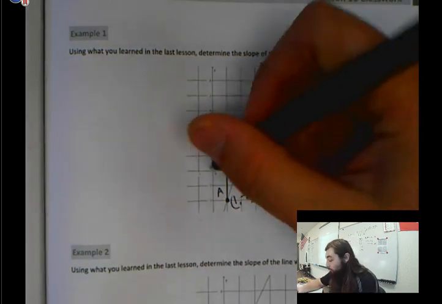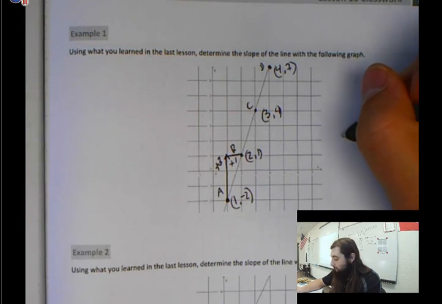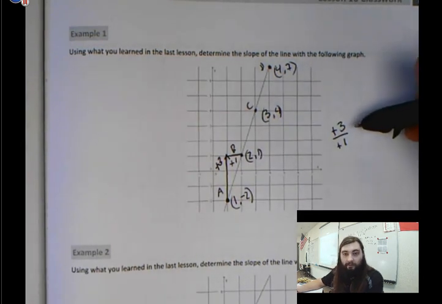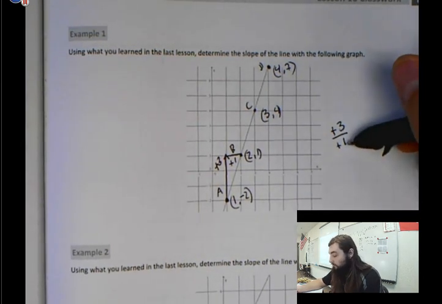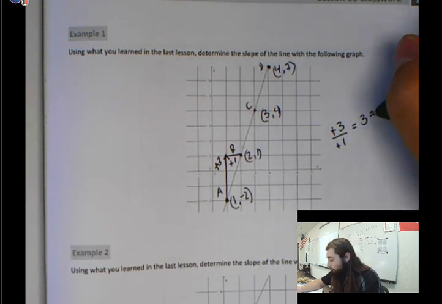So we're going up and to the right. Both of those values have a positive value, so positive 3 divided by positive 1. Positive 3 goes on top because that's our change in y. Positive 1, that's our change in x, goes below. So that gives us a slope of 3.